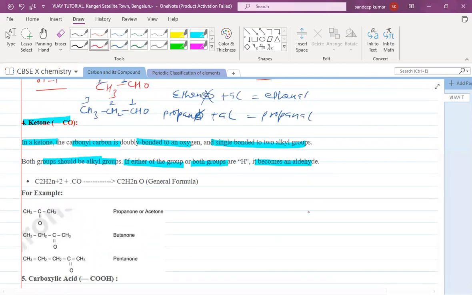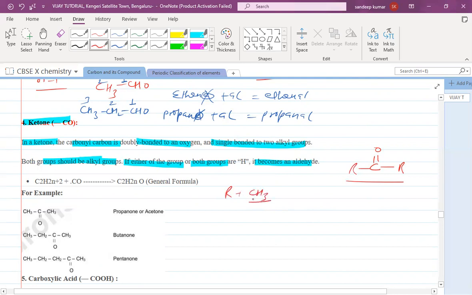Now try to understand what they are telling: C double bond O is there. This is a ketone if this side is R and this side is also R. Then only it is a ketone. For example, minimum R is n is equal to 1, that is CH3. So if you put here CH3, CO, CH3. For naming these ketones, we are using the suffix one.